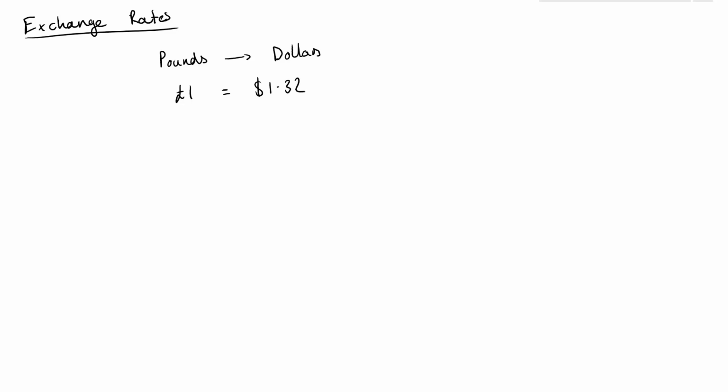Let's say we were traveling from the UK to America, we would have to convert something from pounds into dollars. The way that we do that is if we recognize that £1 is equal to $1.32, for every £1 that we have in the UK, we have $1.32 in the US.